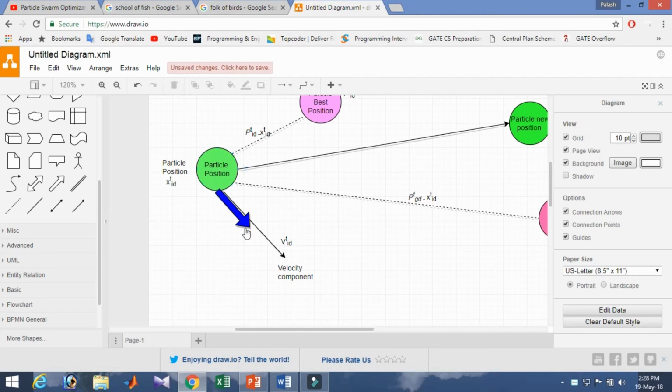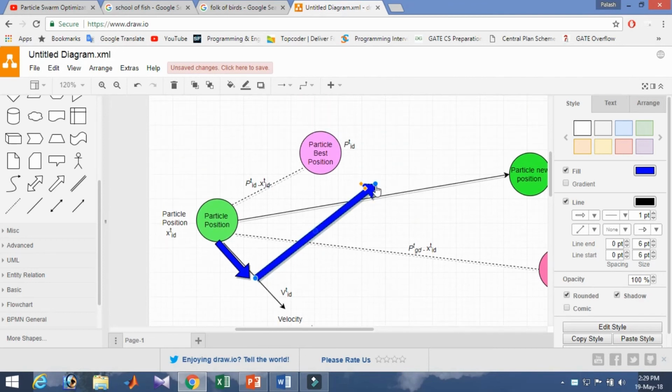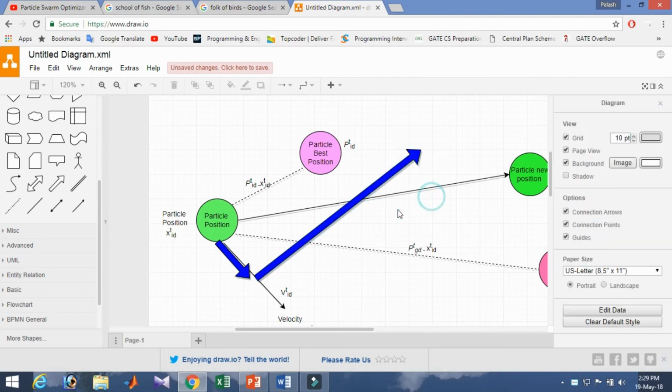So according to the previous position, the particle goes first along this velocity component in that direction. After that, this particle moves again in another direction, toward its best position direction. Let me describe: this goes in that direction, then goes in that direction.